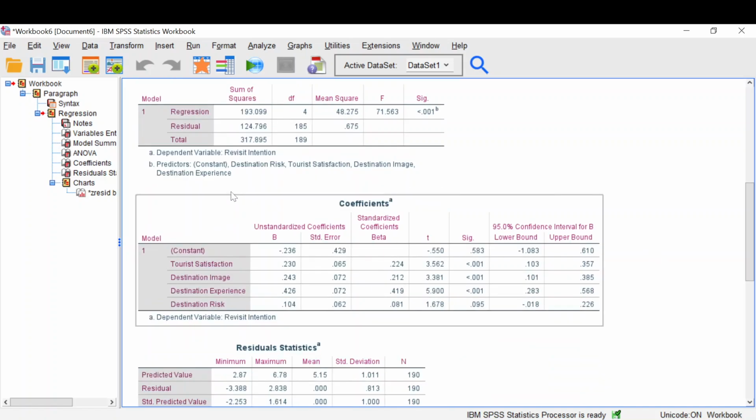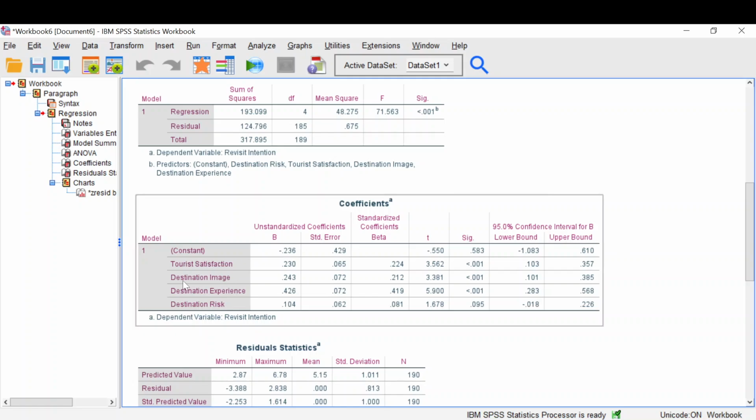We can come down to the coefficients here. This is more useful in a table when you're running multiple independent variables, as we are here. You can check to see the t statistic for each one, the significance level for each of these, and try to understand from the beta values which one contributes the most explanation of revisit intention.